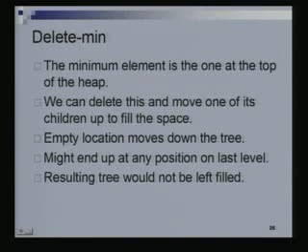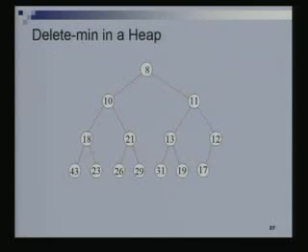Just to illustrate what I am saying here, let's look at this picture. We are trying to delete the minimum element from the heap, which is 8. So this creates an empty location here. Now I am going to take the smaller of the two children and move it up here.